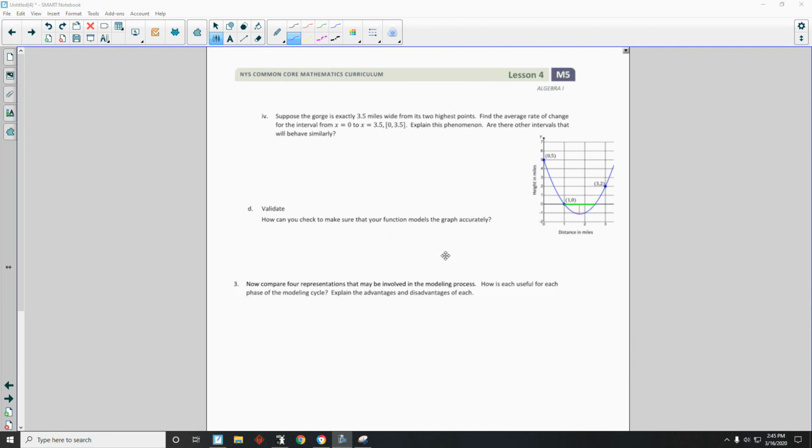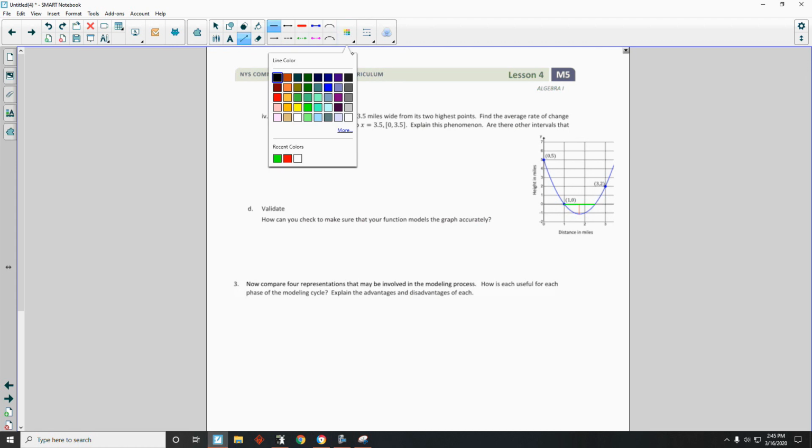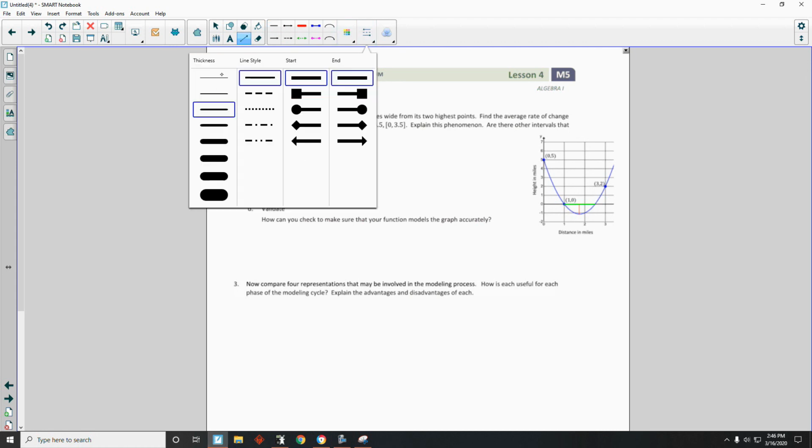Okay, page 7. Part 4 says, suppose the gorge is exactly 3.5 miles wide from its two highest points. Okay, so let me just draw that. So let me use a segment, and let's see, what have I not used? Red. Make it kind of thin.